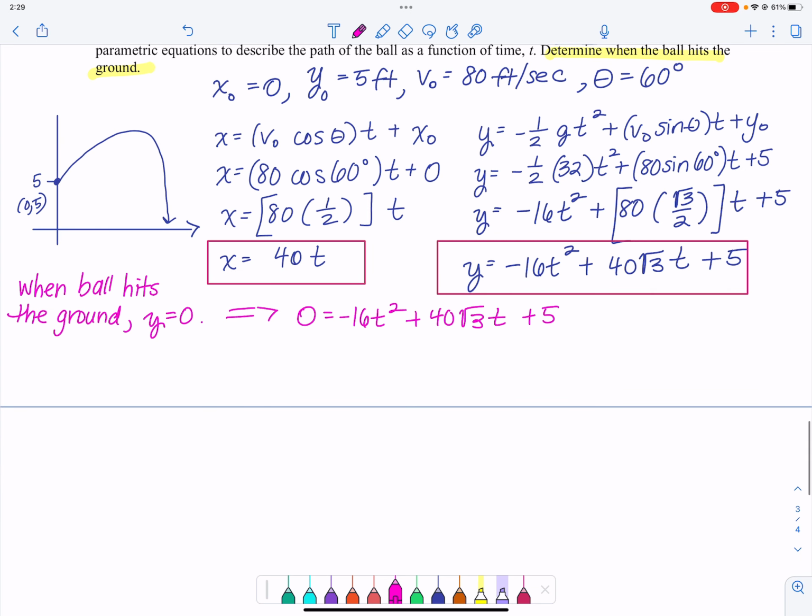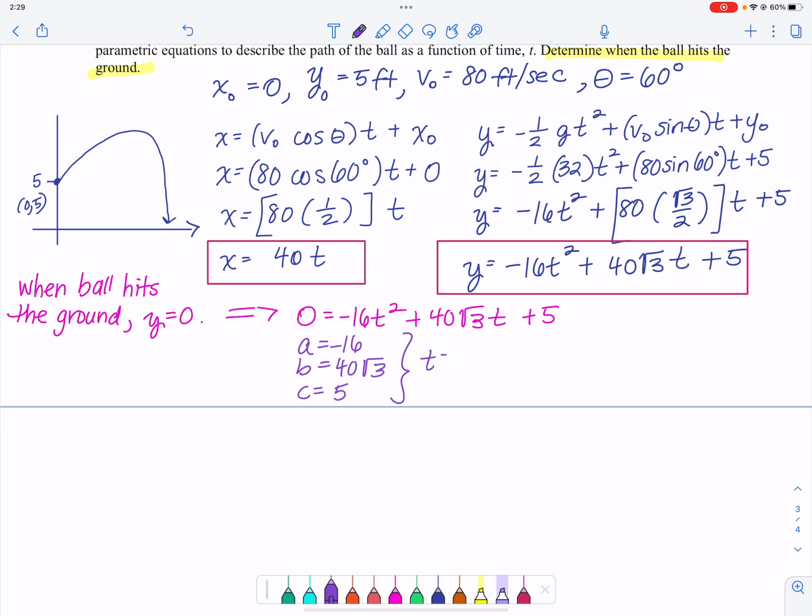Now, as you can see here, using the quadratic formula, a is negative 16, b is 40 root 3, and c is 5.